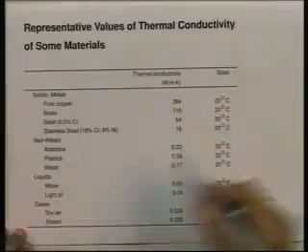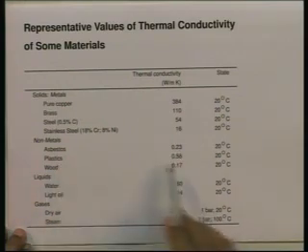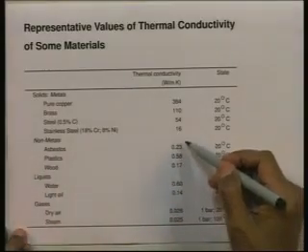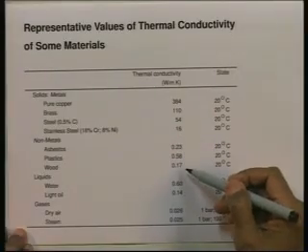Non-metals, like what are listed here: asbestos 0.23, plastics 0.58, wood 0.17. Non-metals like these typically have values of k in the range of 0.1 to 1.